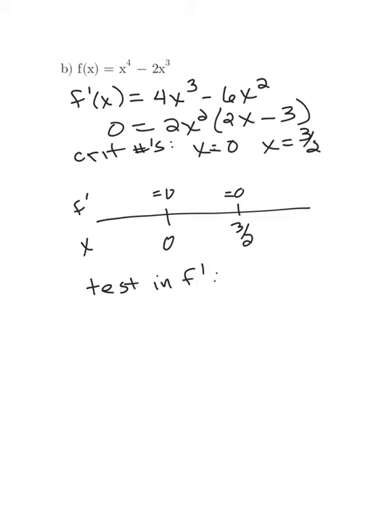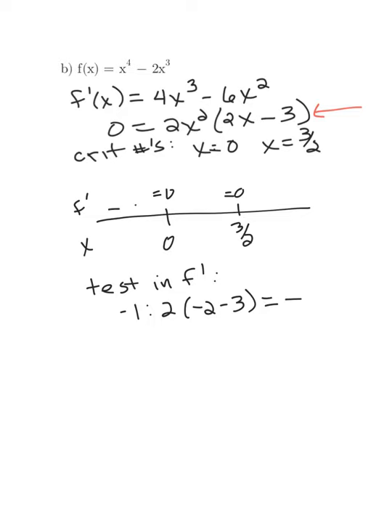Left of 0, I'm going to test negative 1. If I put negative 1 into the factored version of the derivative, I will get 2, because negative 1 squared is 1, 2 times negative 2 minus 3, which is 2 times negative 5, which is negative.